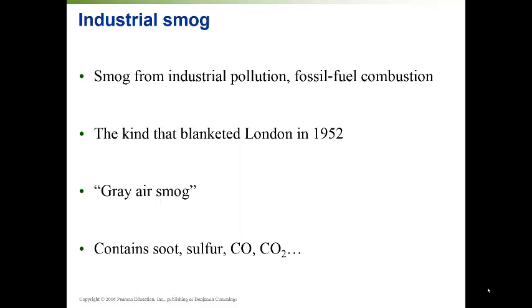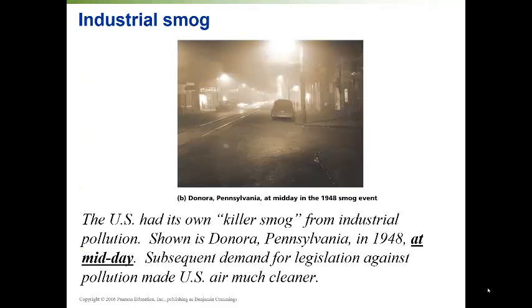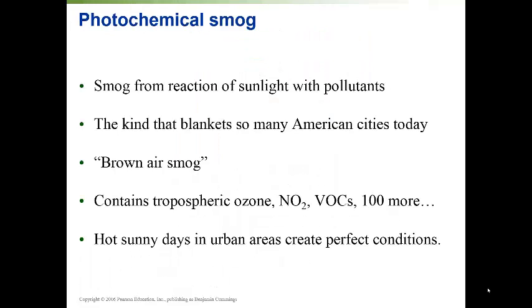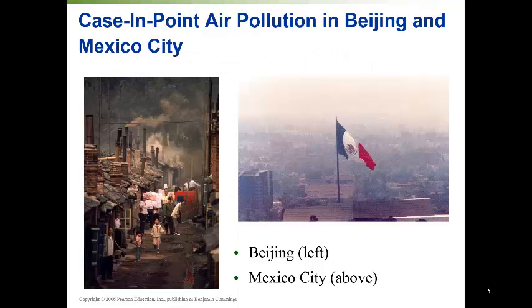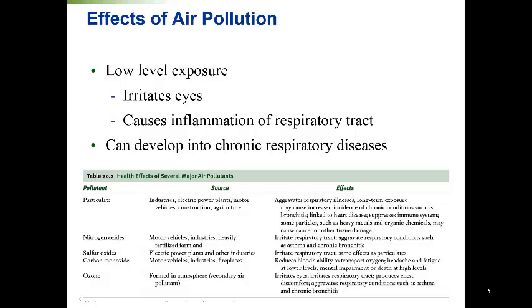That's where you have industrial smog. Here's an example, a picture. I'm going to show one more picture right here, and there's one more right there. Urban air pollution, talking about pretty much smog that happens over a city. I think the top 3 cities that have air pollution are Beijing, Mexico City, and LA.